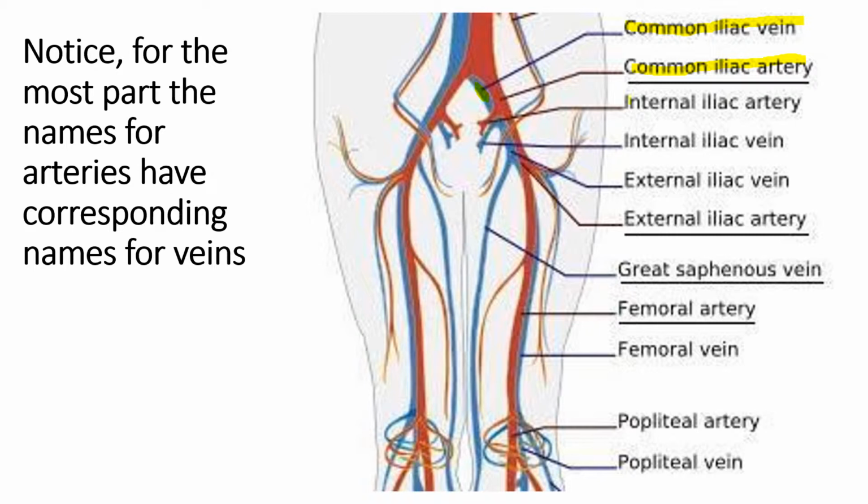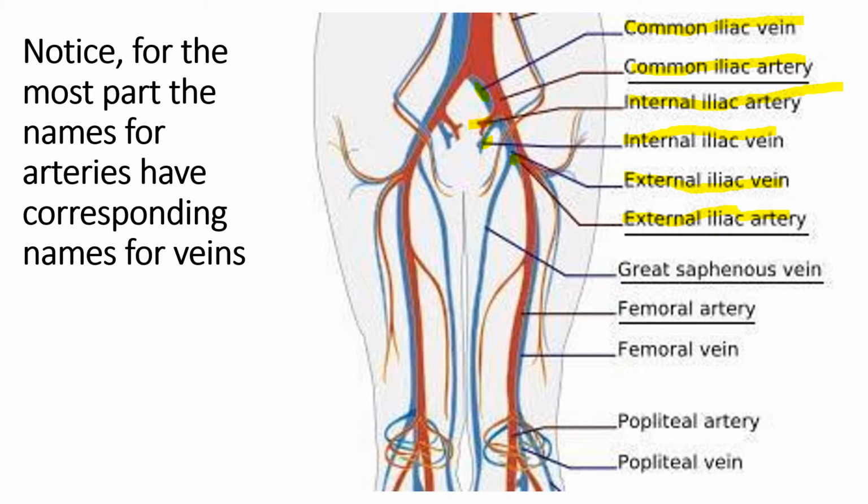The internal iliac artery, right here. Well, guess what? Conversely, you have the internal iliac vein right here. The external iliac vein right here. The external iliac what? Artery. And it goes on and on.